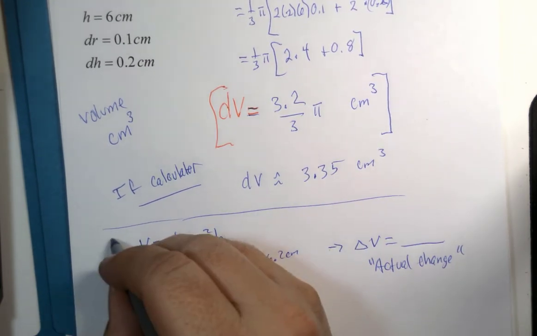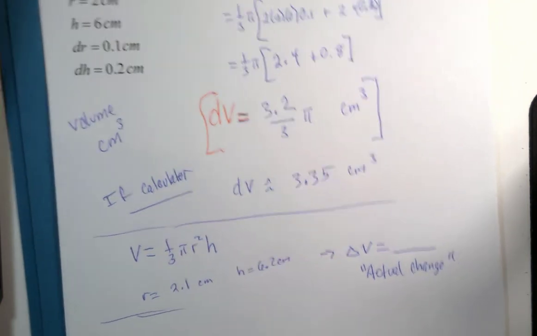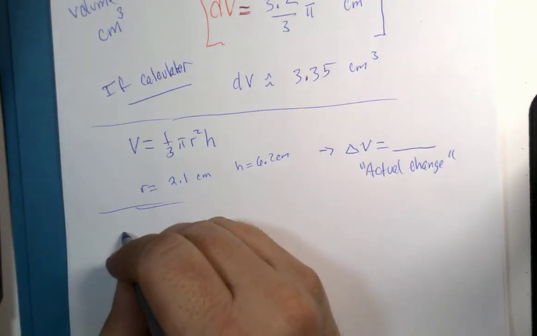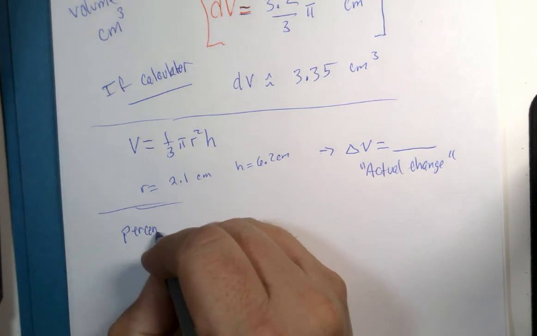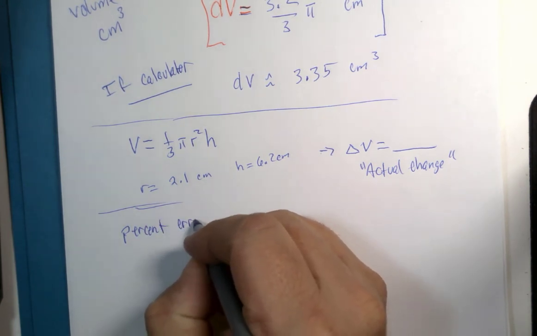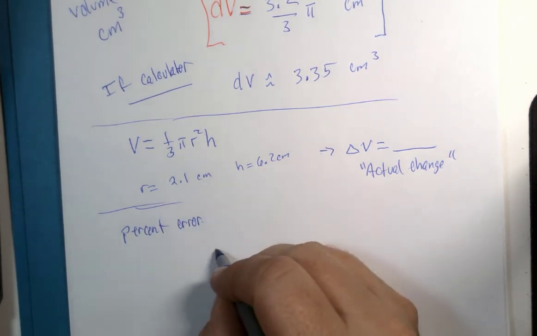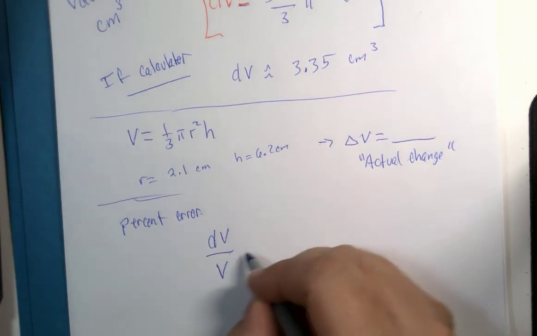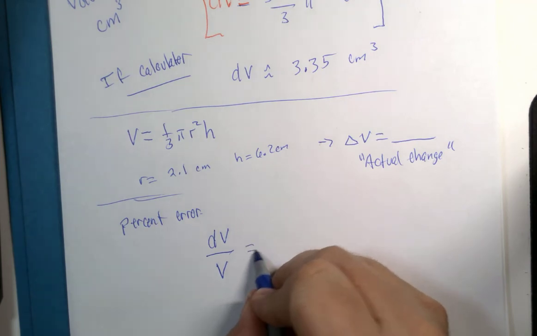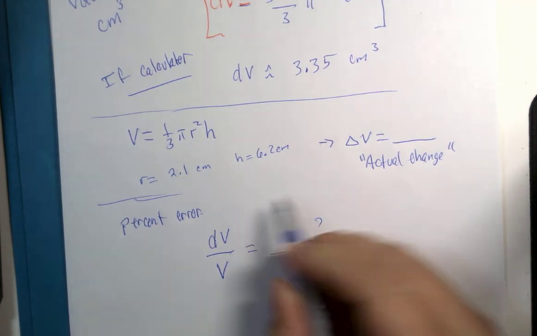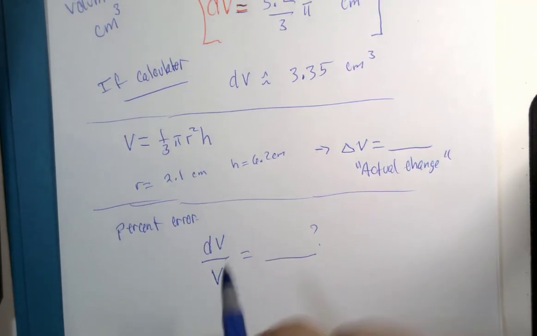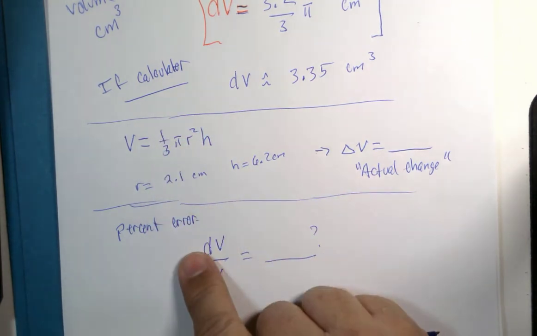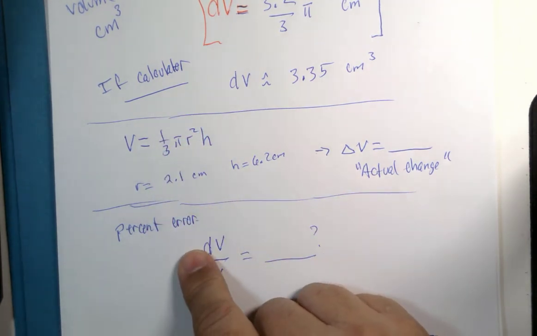That's a side question you could ask. Or you could look at what's called the percent error, where you look at the dV calculation divided by the actual volume, and see what that percentage might be. But all of these things would be if you were going to add a calculator at the end. And I'm not going to focus on that in this video because it's already too long.